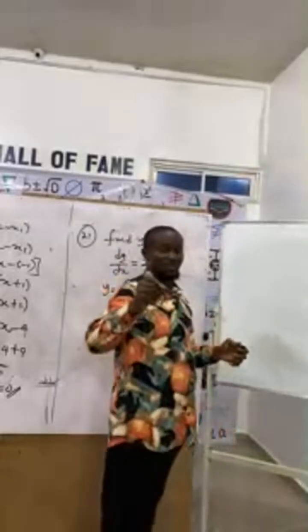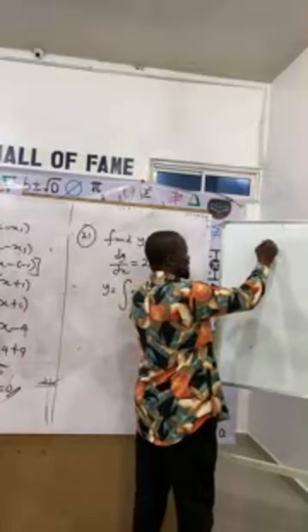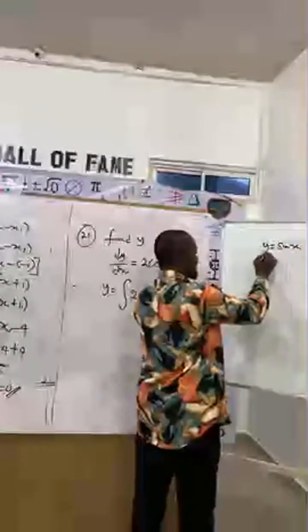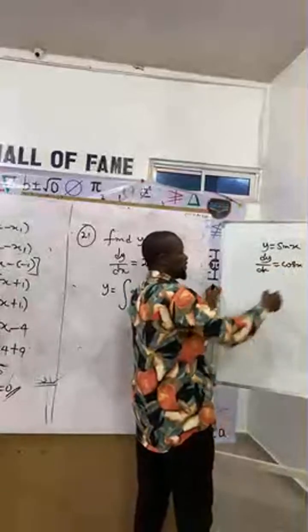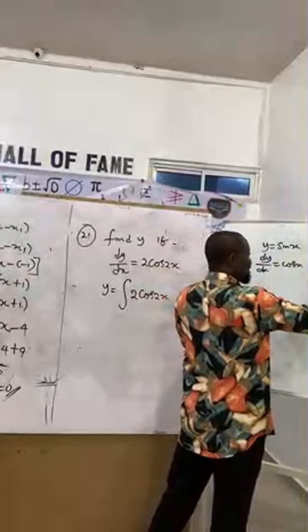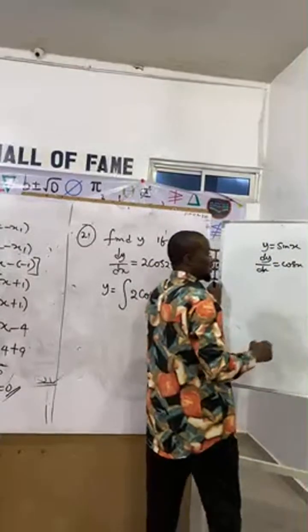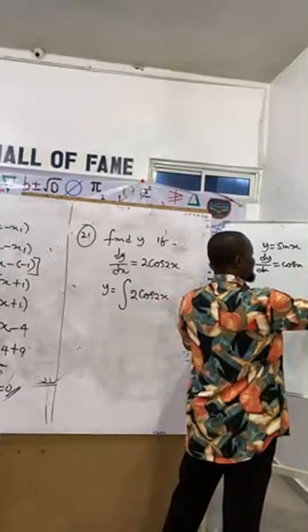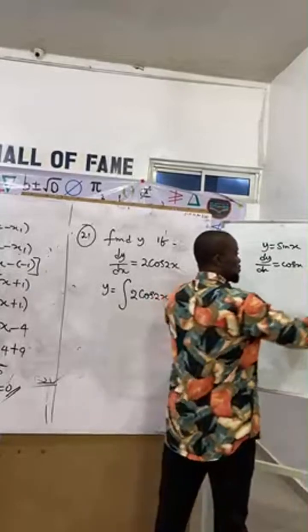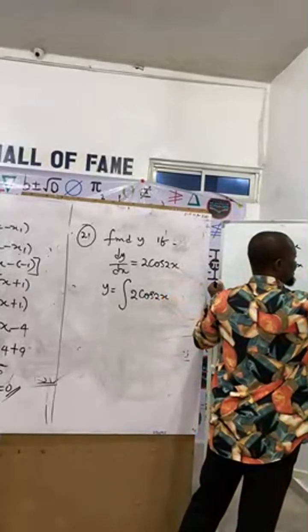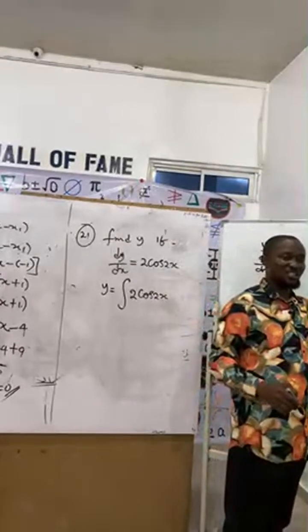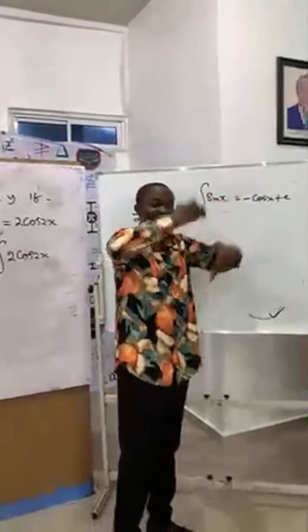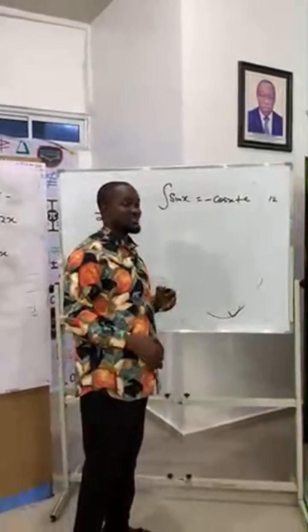Alright, please. Integration. If you differentiate, if y equals to sine x, dy over dx equals to cos x. But if you integrate cos x, you get sine x. Minus integral of sin x will now equal minus cos x plus c. That constant, when you differentiate it, that constant is 0. When you integrate, you bring back that constant.